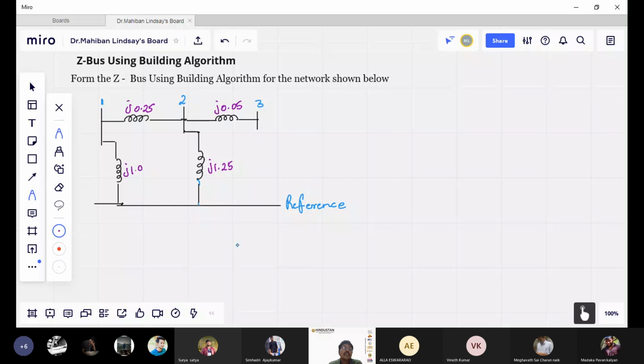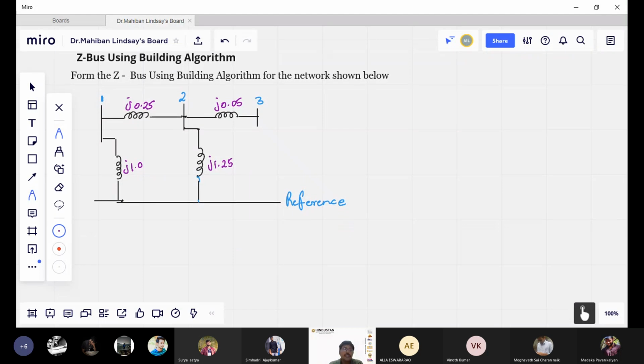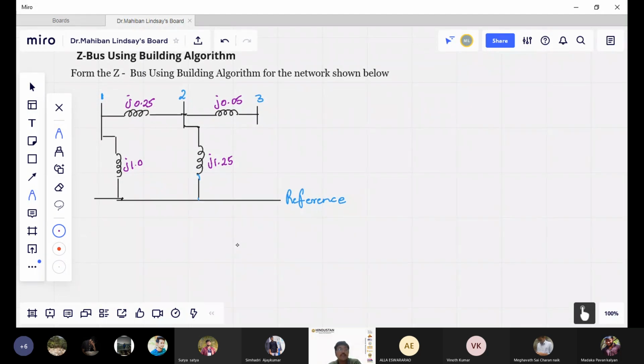Please keep in mind that this is how we can form this building algorithm. We are going to take all the types of modifications, and whichever type of modification is suitable, that we are going to take. First thing, we want to see whether any reference buses are there.